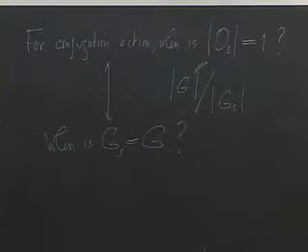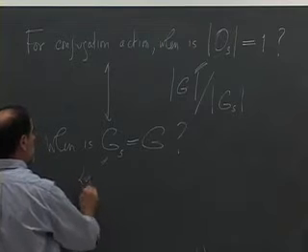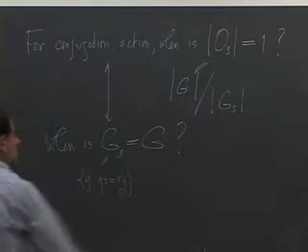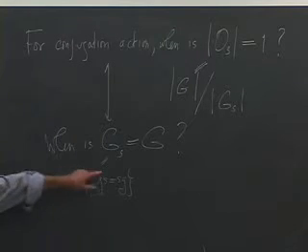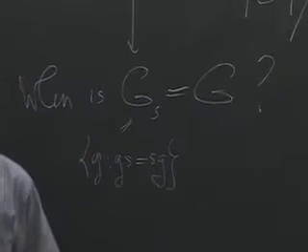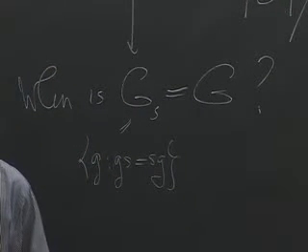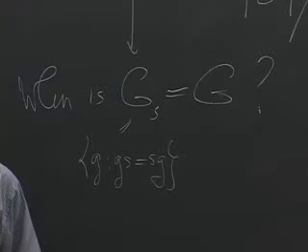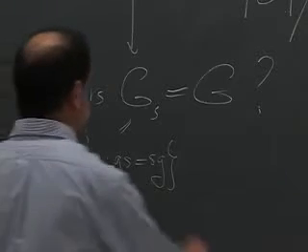Well, the centralizer we saw was the set of elements which commuted with S. So the centralizer being the full group says that every element commutes with S, which means that S is in what we call the center of the group.